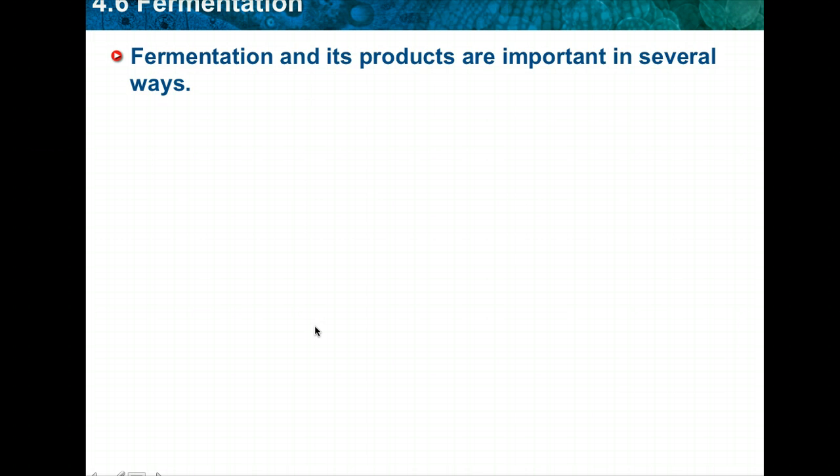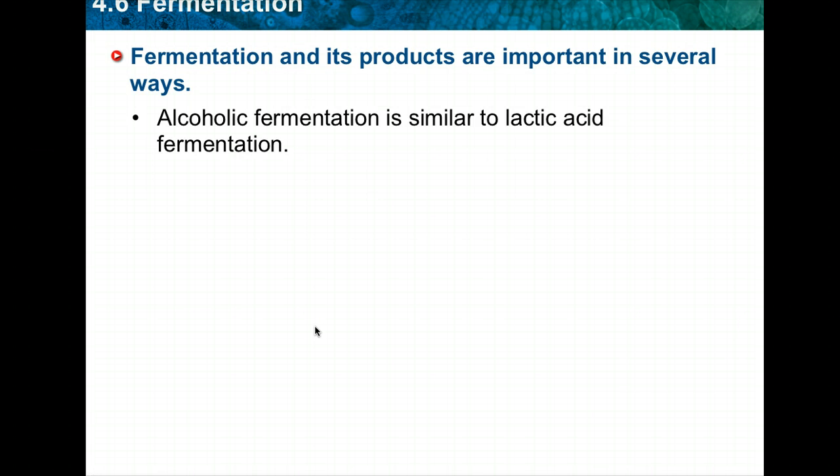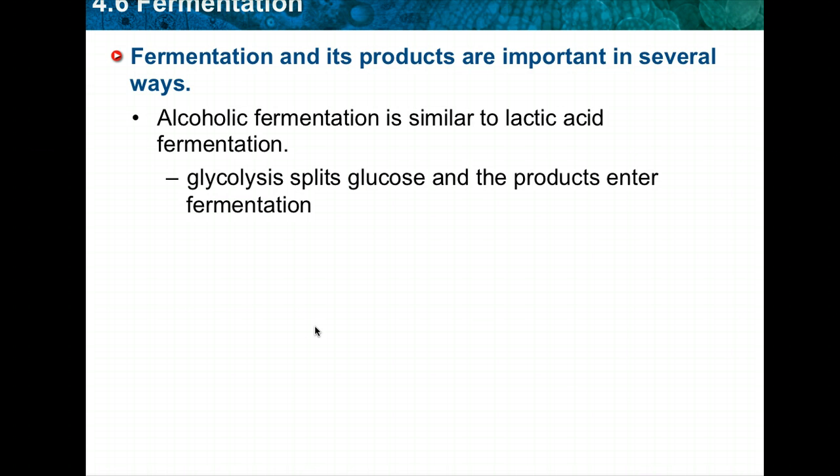So, alcoholic fermentation. It's going to be similar to lactic acid fermentation that we're going to talk about secondly. Yeast and a few other organisms use alcoholic fermentation, which produces ethyl alcohol and carbon dioxide. Alcoholic fermentation is used to produce, obviously, alcoholic beverages.